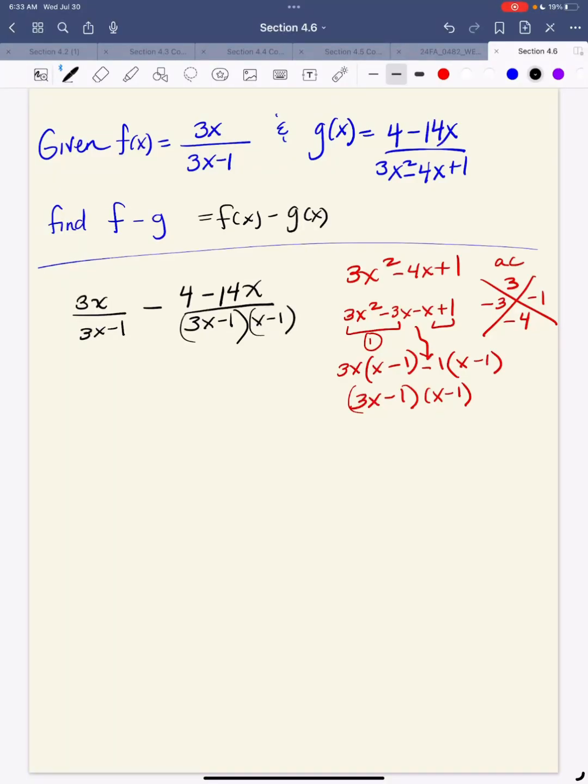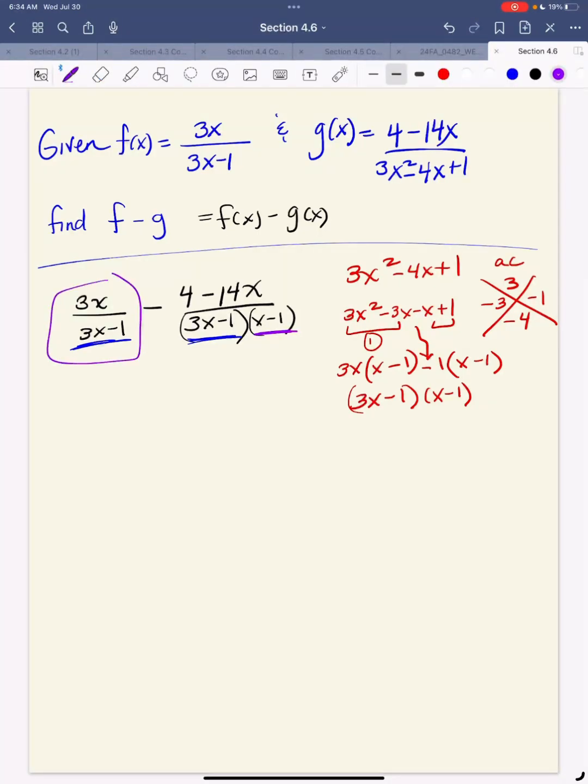So now I'm recognizing that I don't quite have a common denominator, but I'm close. See, each of my denominators has a factor of 3x minus 1. So it's only this f here, my function f, that needs to have the missing factor of x minus 1.